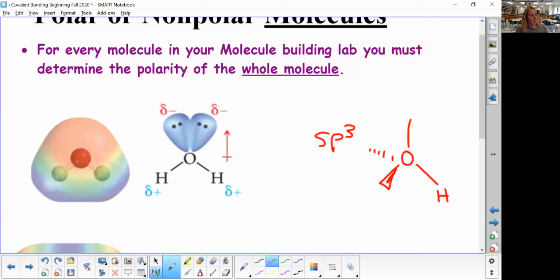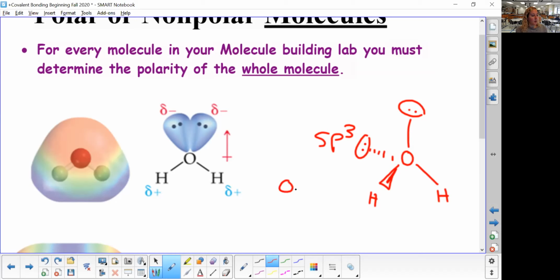It doesn't matter where I put the hydrogens versus the lone pairs. Remember I said that in the tetrahedral shape, no two attachments are directly across from one another. So even though it looks like these electrons will balance each other out, they do not. They're not facing the same direction.